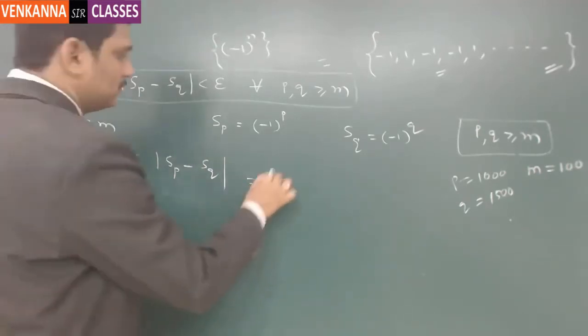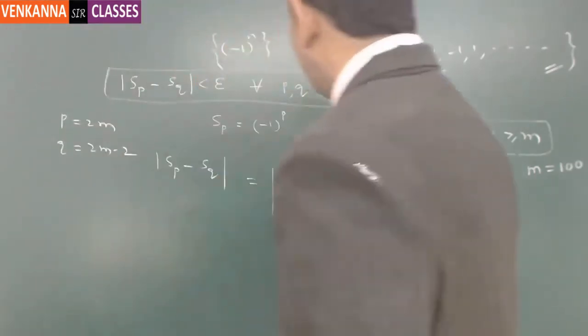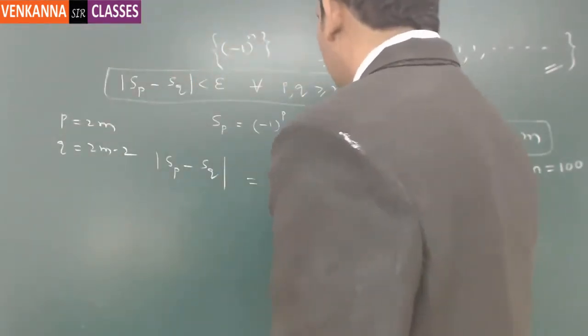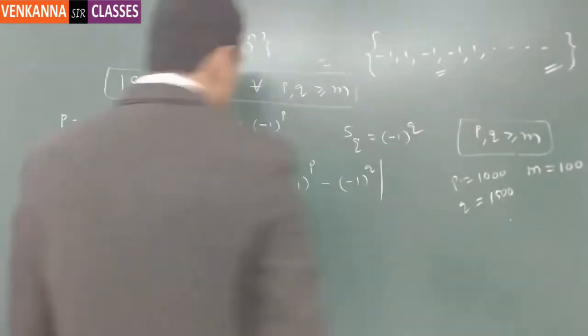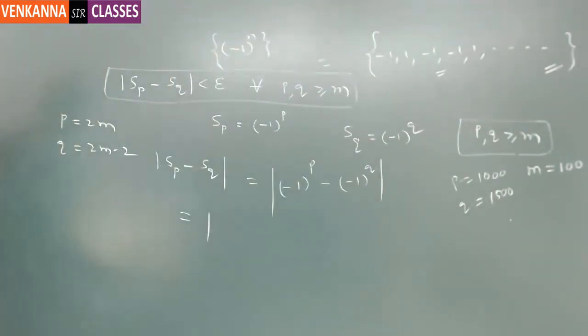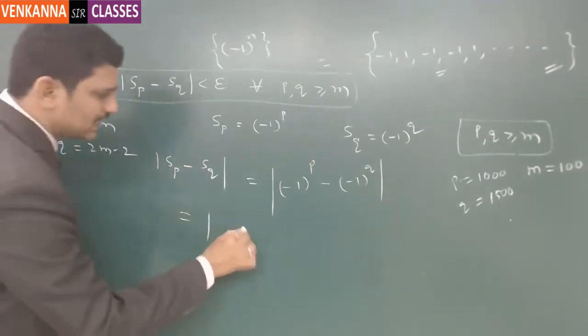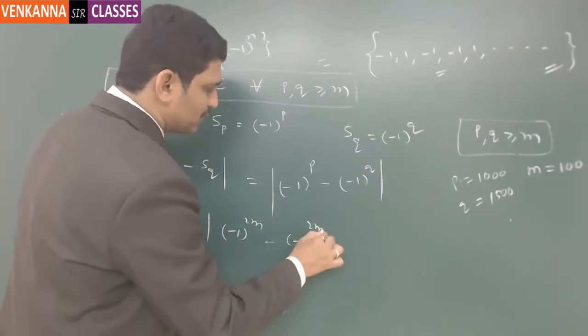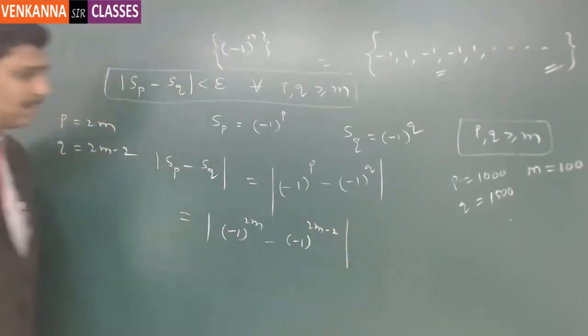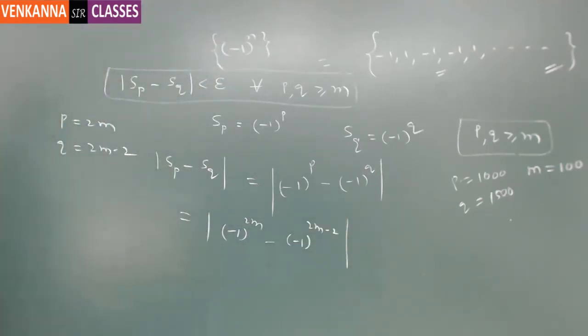So this is equal to, SP means minus 1 whole power P, SQ means minus 1 whole power Q. As we have given that P is 2M, it is minus 1 whole power 2M minus minus 1 whole power 2M minus 2. Am I correct here? Yeah.